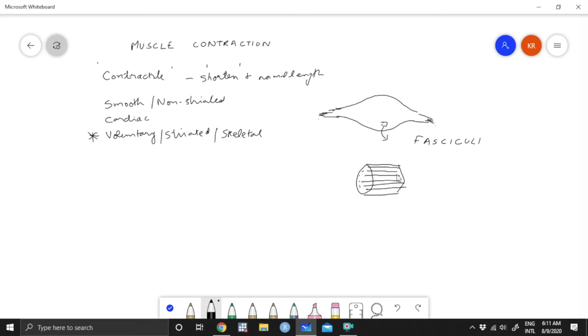So these are actually made up of muscle fibers or cells.